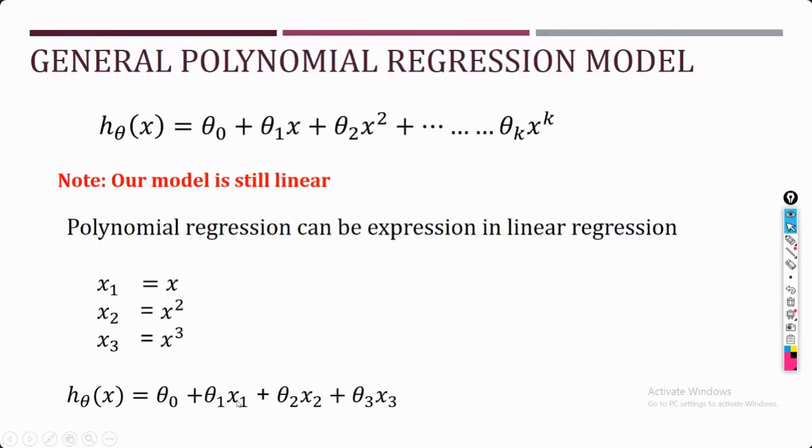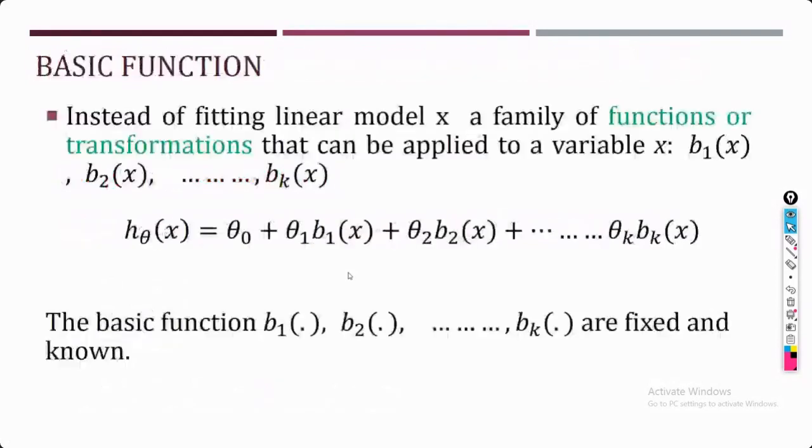Like here you can see x1, x2, x3, just the simple linear regression which we have covered till now. Internally this x1 is different, this x2 is different, this x3 is different, but in appearance it looks the same. So this model is still a linear model itself, just the value of x is going to vary, but it's going to be linear.